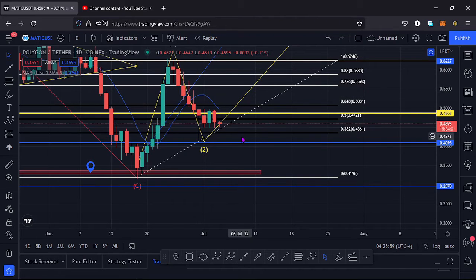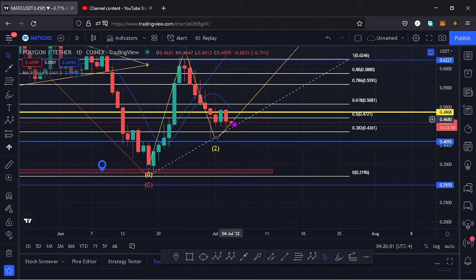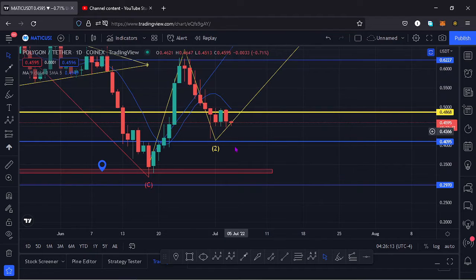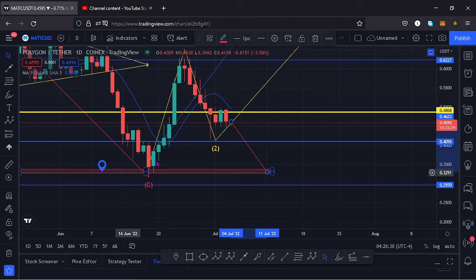And some of the key possible scenarios that can play out here are that we can continue trading to the lower side. If that happens, it's possible that we go to this key area of support that we have next here at around the $0.4 mark, and if we lose that key area of support, it's possible that we go to the next key area of support at around the $0.33 mark, and that will be the beginning of our wave 1.